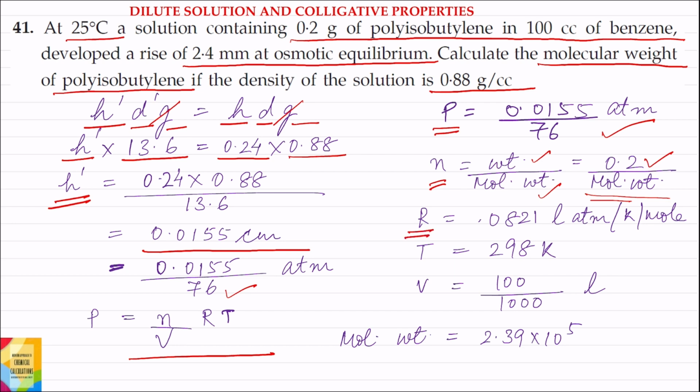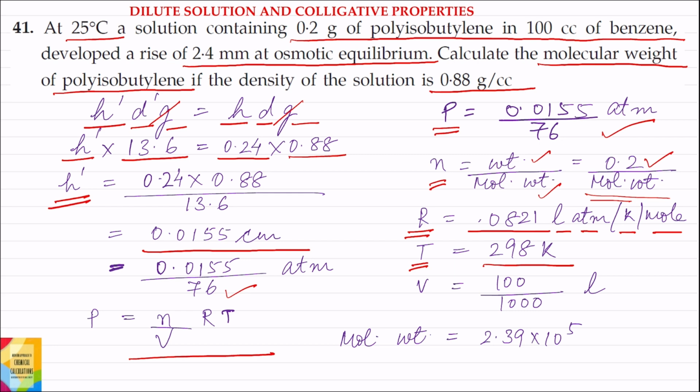Value of R is 0.0821 liters atmosphere per Kelvin per mole, and temperature is 25 degrees centigrade, that is 298 Kelvin, and volume of benzene, in which polyisobutylene is dissolved, benzene is the solvent, is given in centimeter cube.